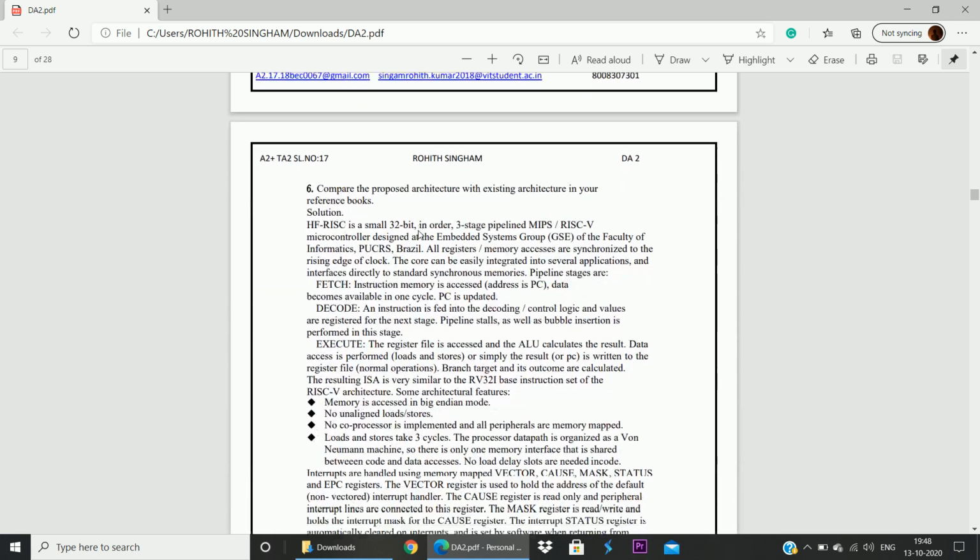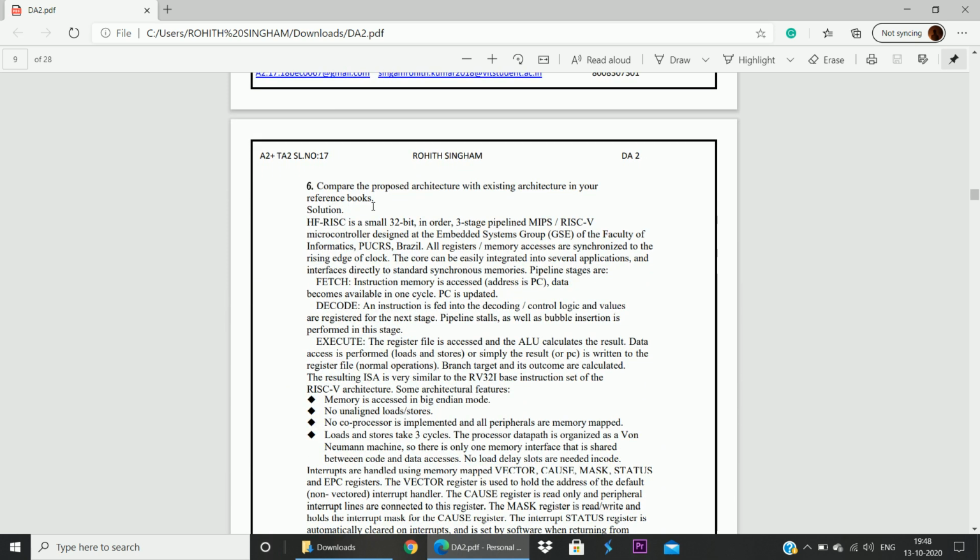Coming to the sixth question, compare the proposed architecture with the existing architecture in your reference books. So from previous questions and knowledge from the textbook, I tabulated the difference between the architectures. I have mentioned here HF RISC is a small 32-bit, in order, 3-stage design.